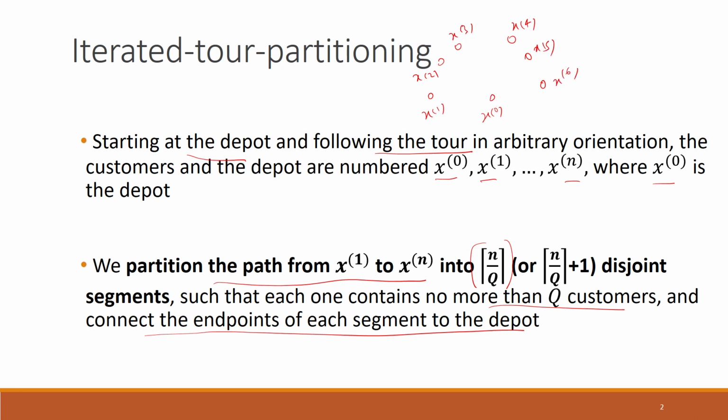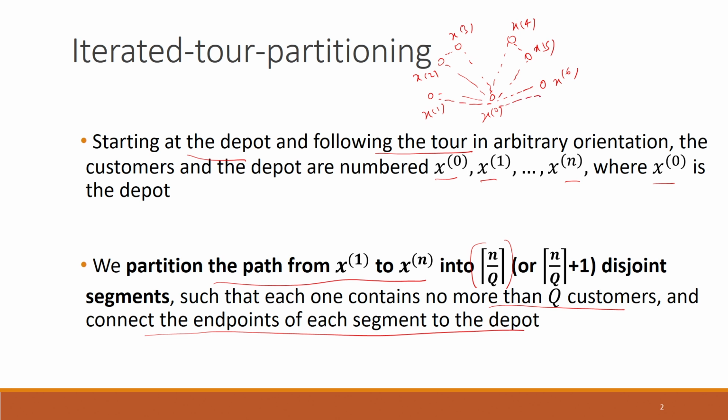In the first case we had a solution where the first segment consisted only of x1, the second segment only of x2 and x3, the third segment only of x4 and x5, and the last segment only of x6.